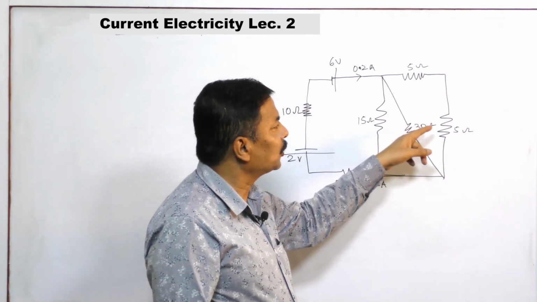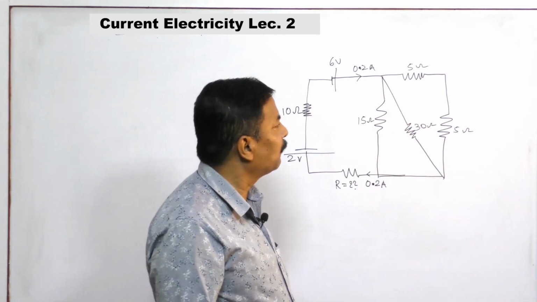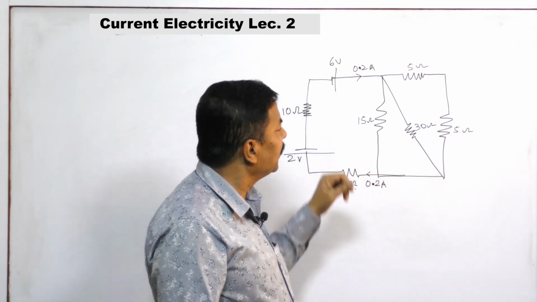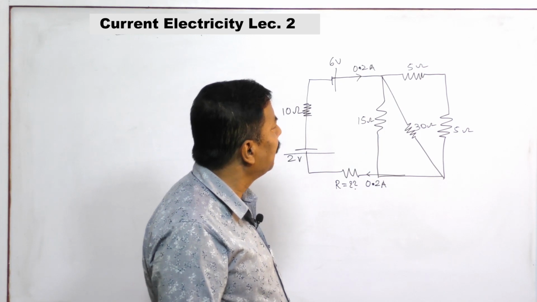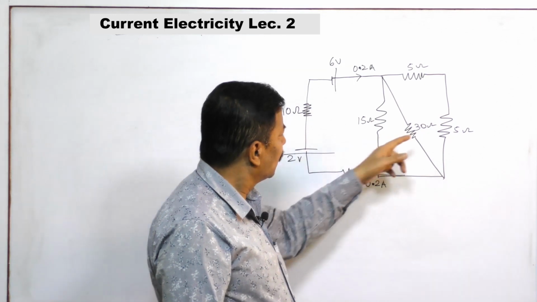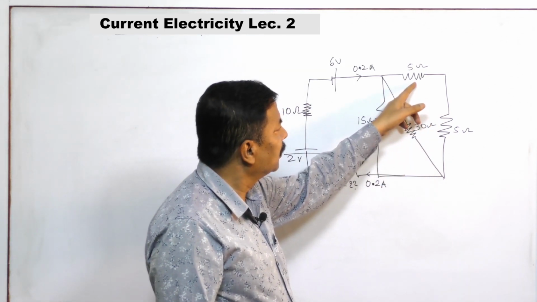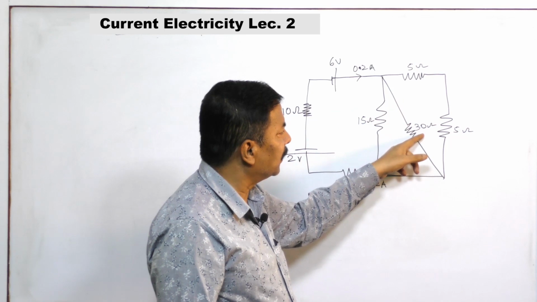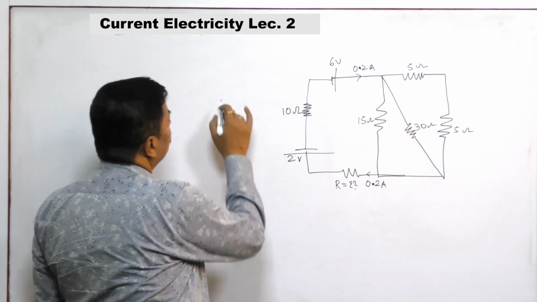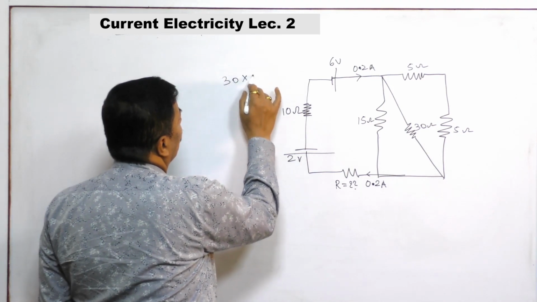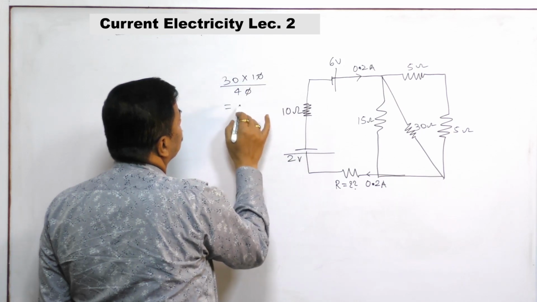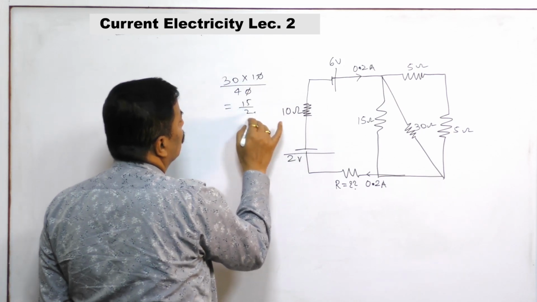So 10 into 30 by 10 plus 30, that is 40. These resistances will become 30 into 10 by 40, so it is 15 by 2.